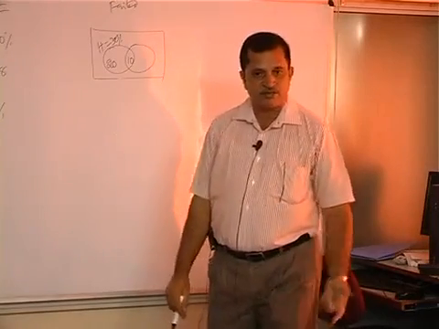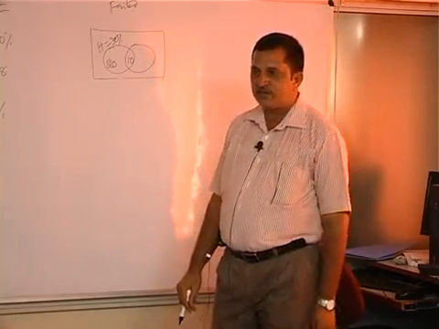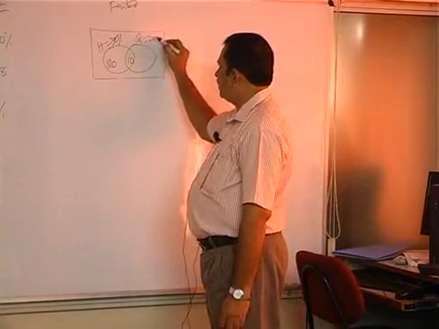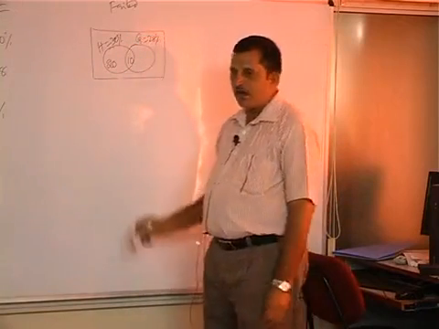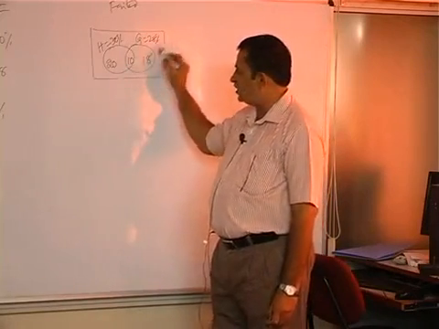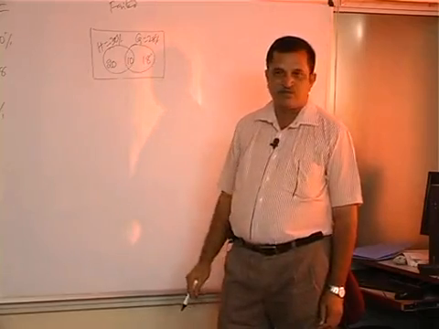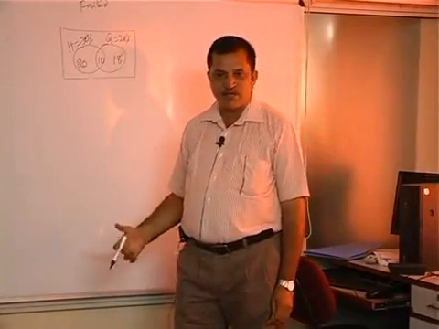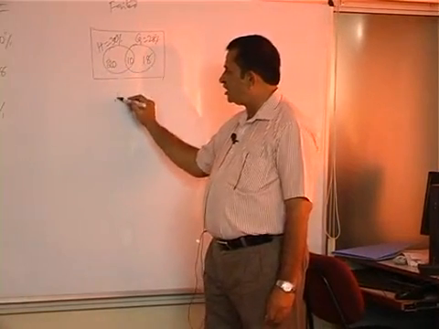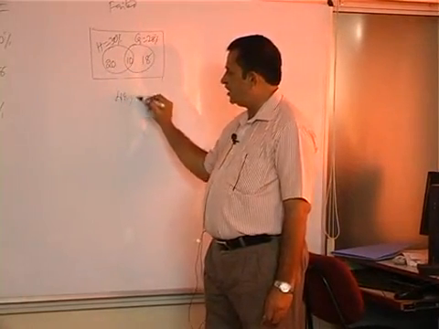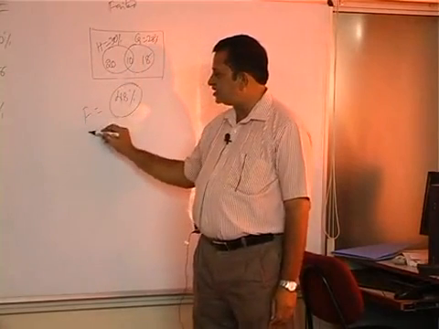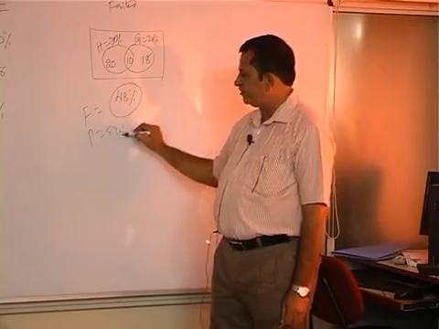Put together 30% failed in history. Similarly, in geography 28% means already 10% are there with history. Only geography 18. So if he fails in one paper or two papers, fail is fail. 20 plus 10, 30 plus 18, 48% is the fail percentage. 48% fail means what is the pass percentage? 52%.